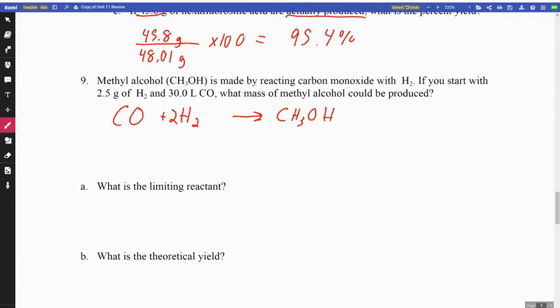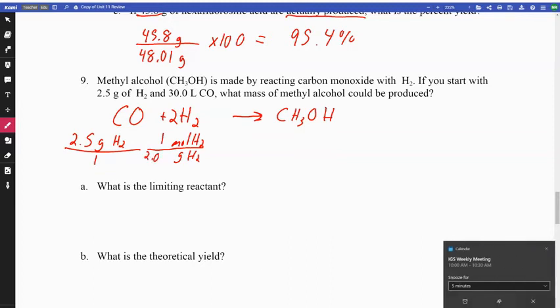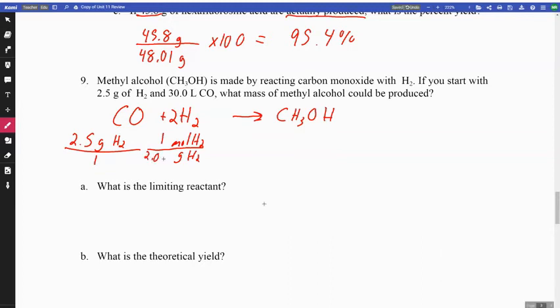Okay, so now we do our calculations. If we start with 2.5 grams of H2 and 30 liters of CO, those are our two givens. So we'll start with 2.5 grams H2 over 1. Do our conversion factor. Grams H2 on bottom, moles H2 on top, 1 next to moles, molar mass next to grams.